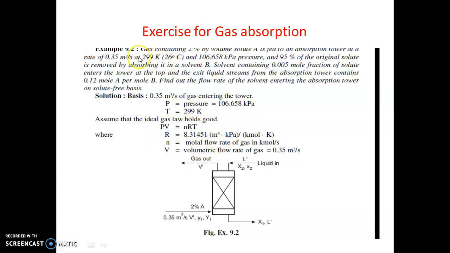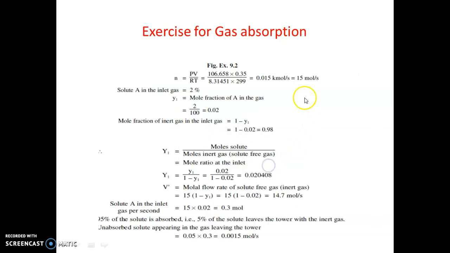So you have to put all these pressure and temperature conditions and the volumetric flow rate, and then we calculate n. So n is calculated here. This is equal to 0.015 kilomoles per second, because all these values are in kilomoles per second, and then it is converted into 15 moles per second.